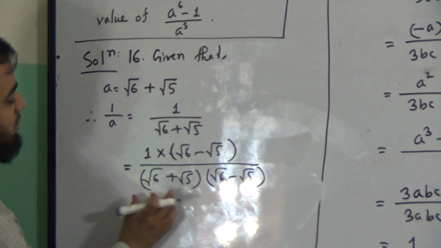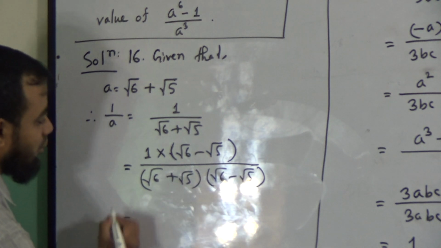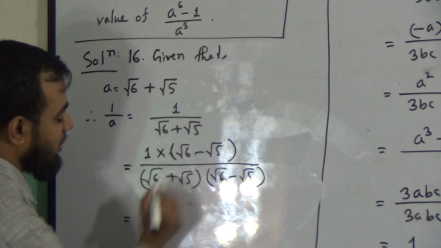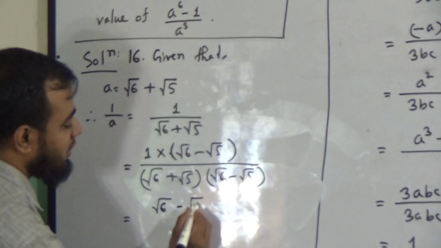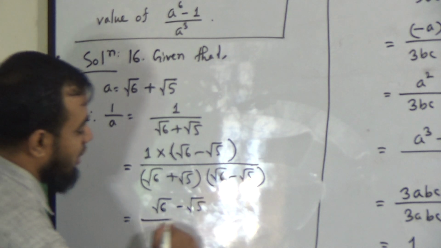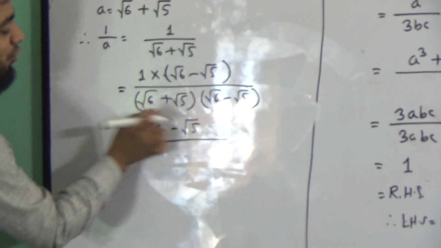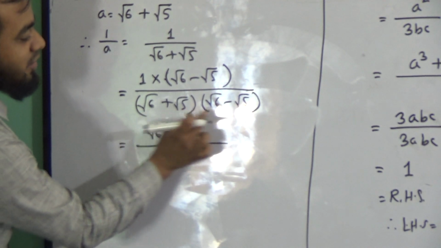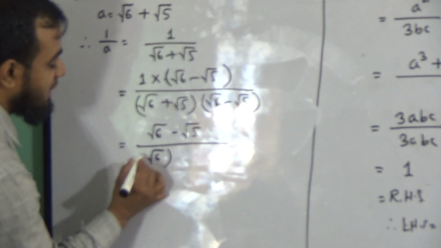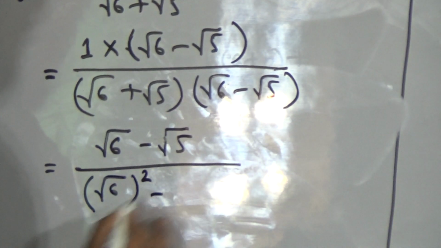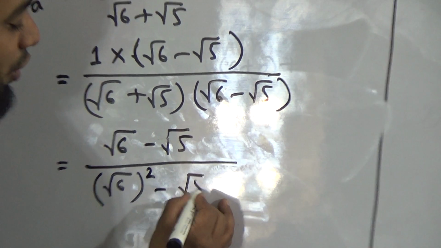Now this radicand will be vanished from the denominator. How? Look, 1 multiplied by this one is square root of 6 minus square root of 5, remaining unchanged. Now we can apply the formula (a + b)(a − b) equals a² − b², where a is square root of 6 and b is square root of 5.